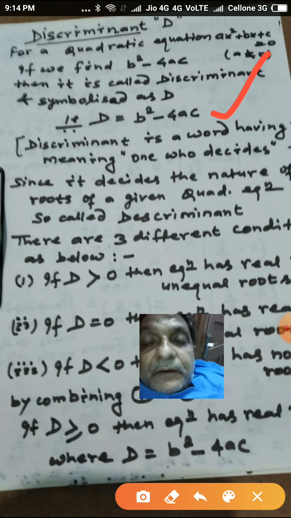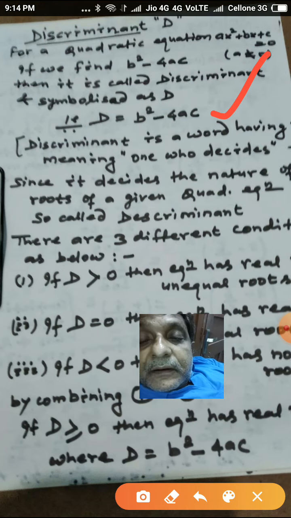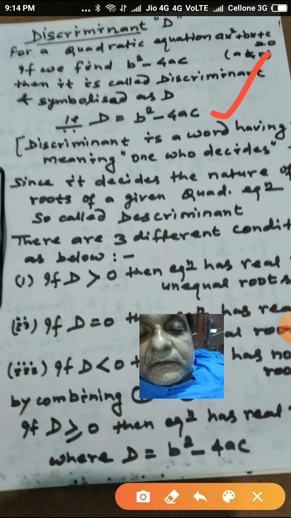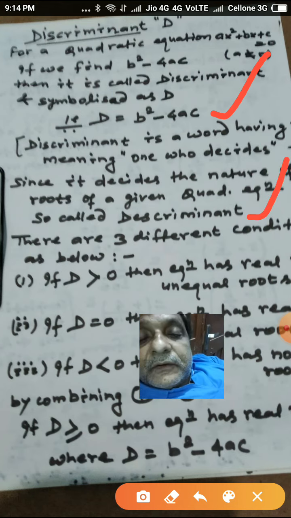Here the meaning is also given inside the bracket: discriminant is a word meaning one who decides something. Since it decides the nature of roots of a given quadratic equation, such name discriminant is given to b square minus 4ac and the symbol D.